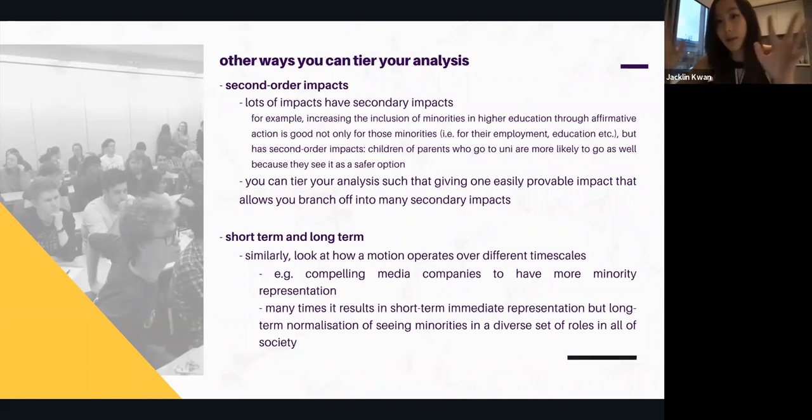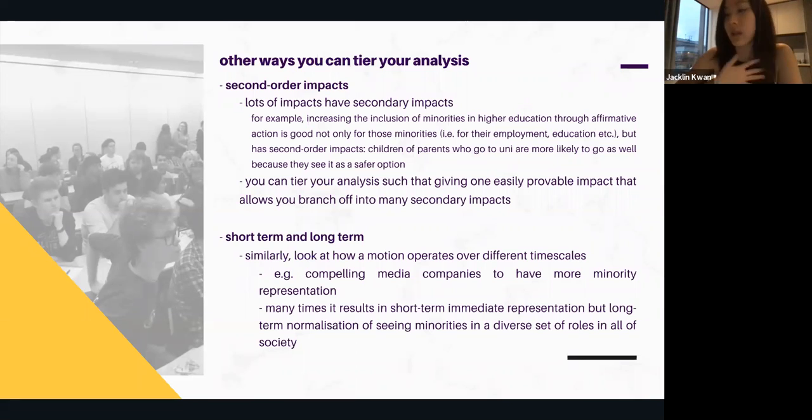And then the last way I'll tell you how to tier your analysis is the short term and long term. So you can also think about how impacts operate over lots of different time scales. For example, the motion may be about forcing media companies to have more minority representation. You can say, sure, the short term is that you just have a lot more minorities on television.